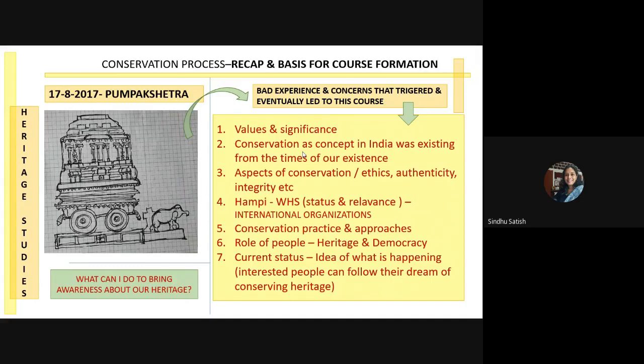And there are a couple of other instances where I have come across very bad conservation practice, people really doing a bad job of restoring heritage property.